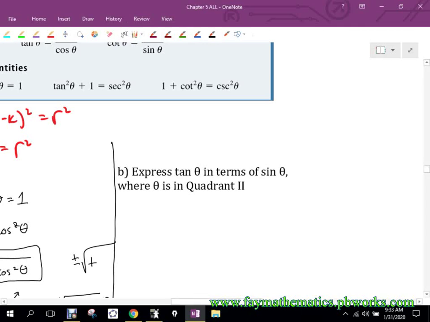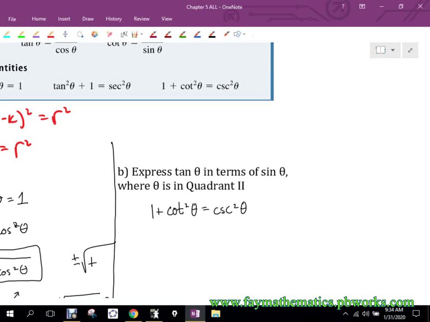So I'm going to start with 1 plus cotangent squared theta equals cosecant squared theta. Okay. There's a couple different things you can do.